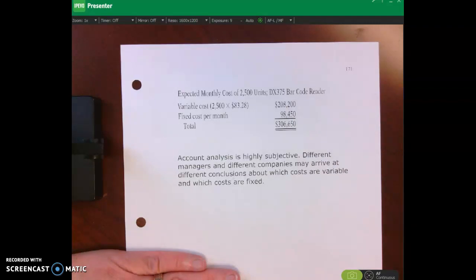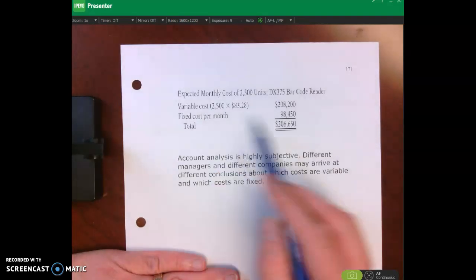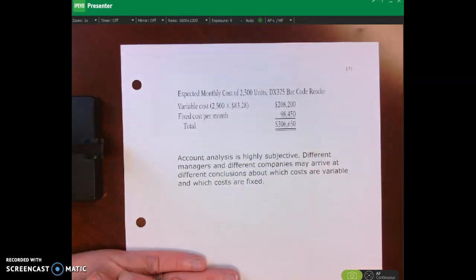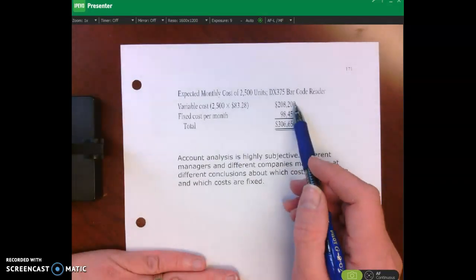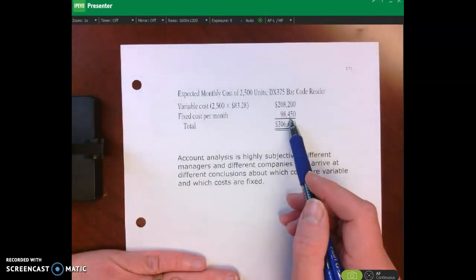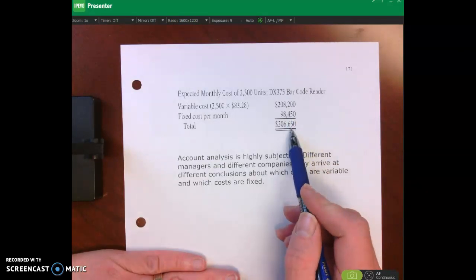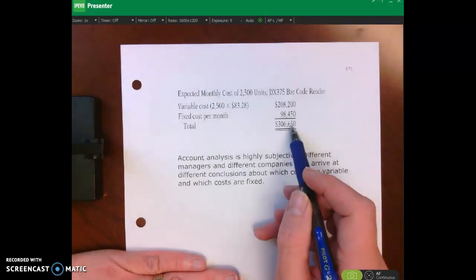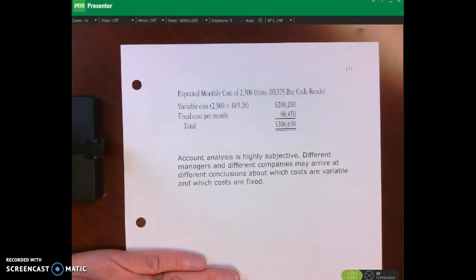But we also know that total fixed costs stay the same as long as we are within the relevant range. And we know that we are, because we haven't been told otherwise. So therefore, fixed costs stay the same at $98,450 at 2,500 units. Total variable costs plus total fixed costs gives us our total costs. This would be our total costs at 2,500 units.